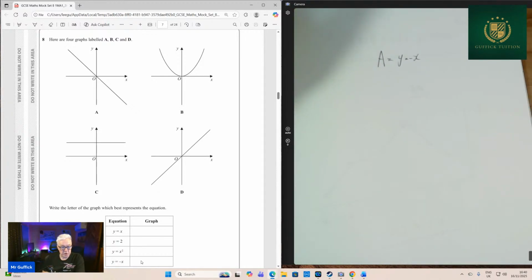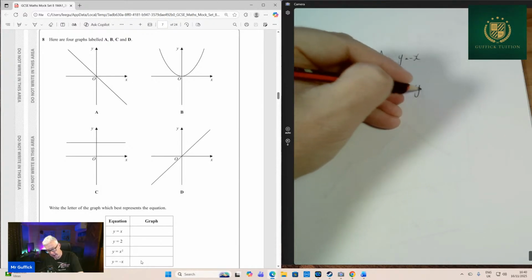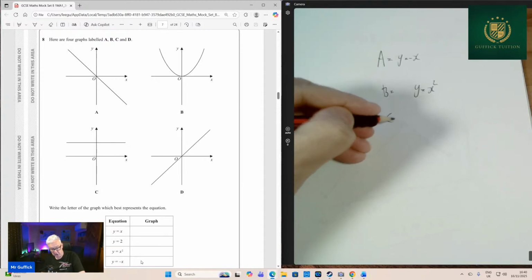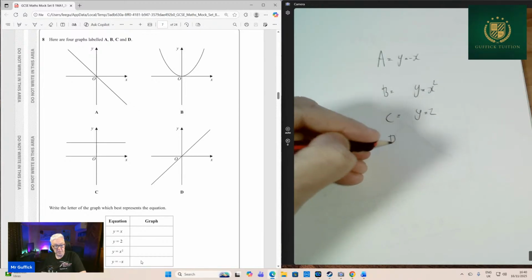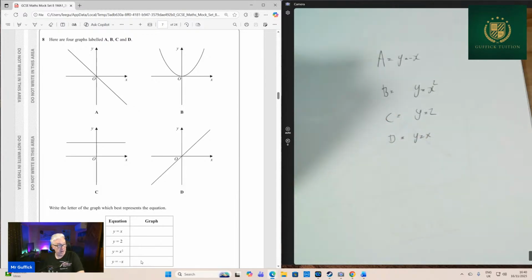B, we've got a quadratic, so B is going to be y equals x squared. C, we've got a horizontal line, so C could be y equals 2. That would be fine, which means by a process of elimination that D must be y equals x, which does make sense because that seems to fit the pattern there.